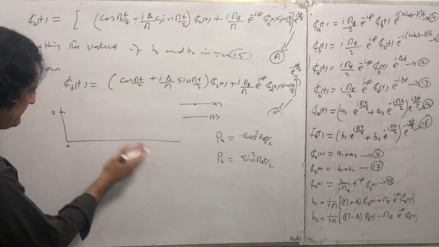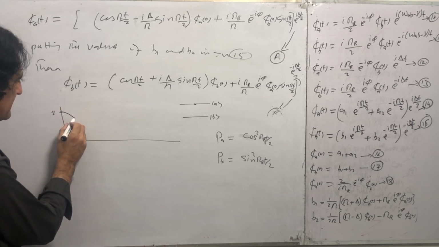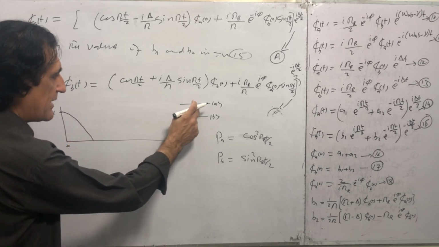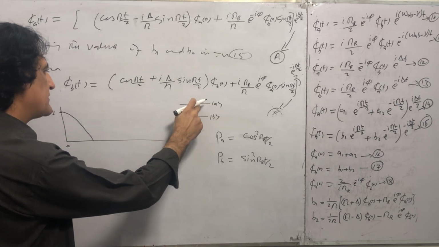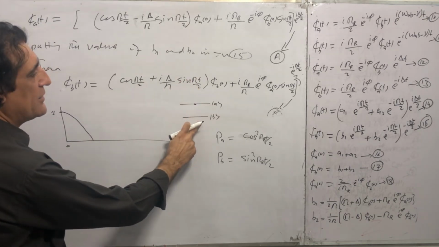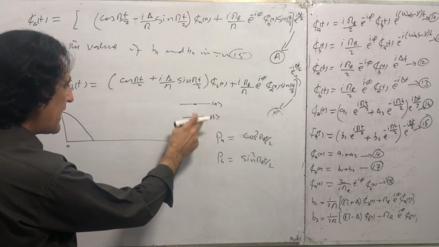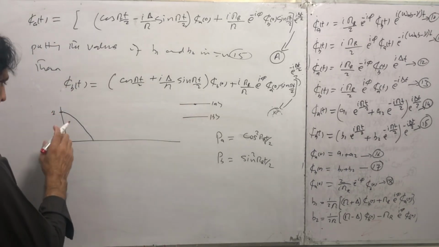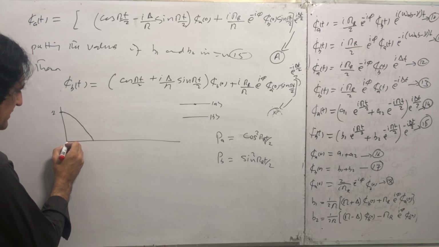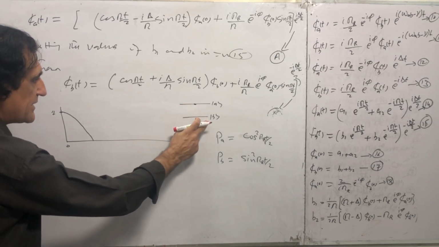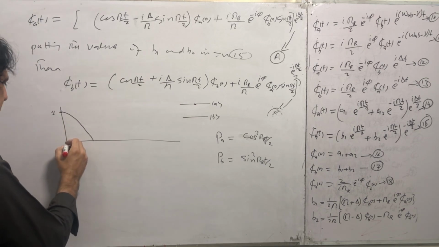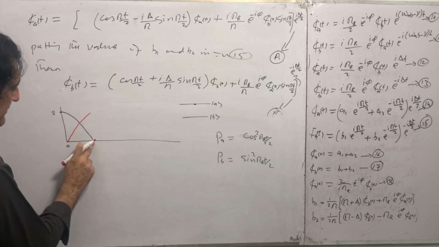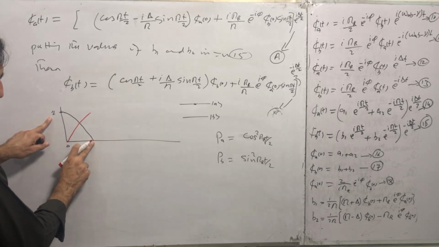And after some time, the probability of state A decreases because the electron comes back to state B. So at time t equal to 0, the probability of the electron in state B is equal to 0, and after some time the probability increases and reaches 1 when the probability of state A is equal to 0.